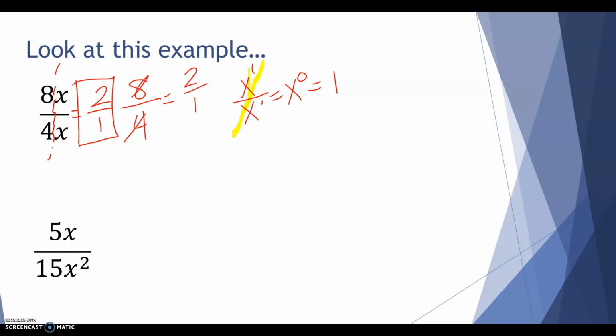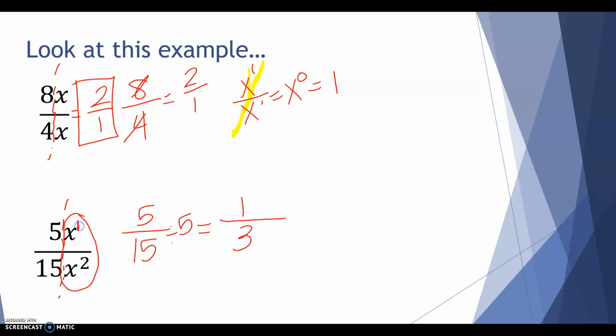Now look at this one. You have 5x over 15x squared. Draw a dotted line, and let's break the problem up. 5 over 15. Well, you need to reduce that by 5. If you do that, you get 1 over 3. Now, look at these.